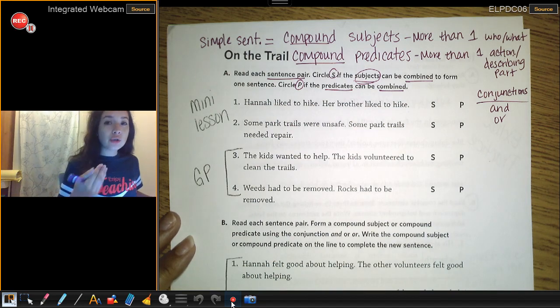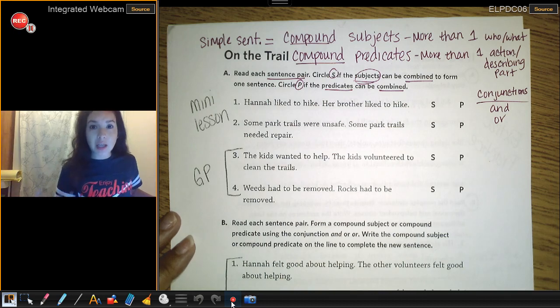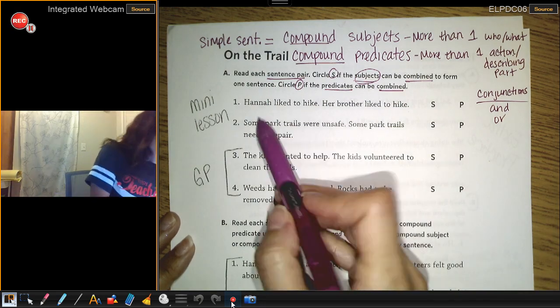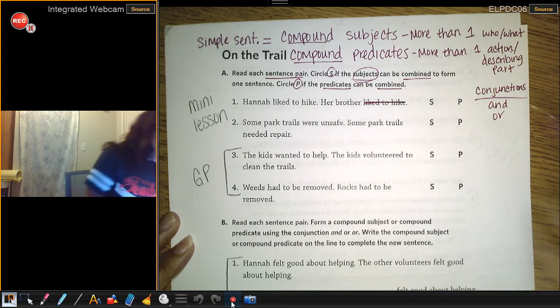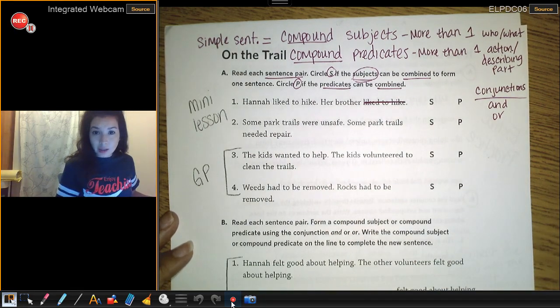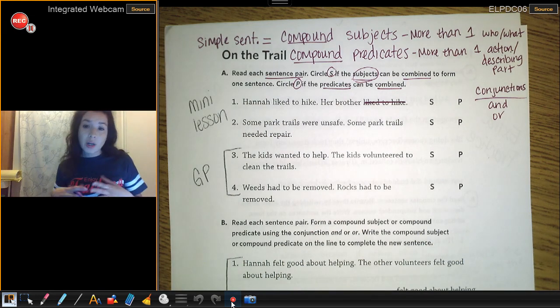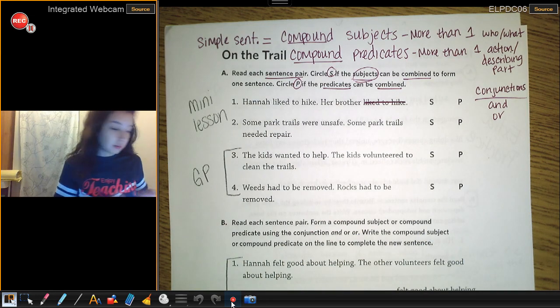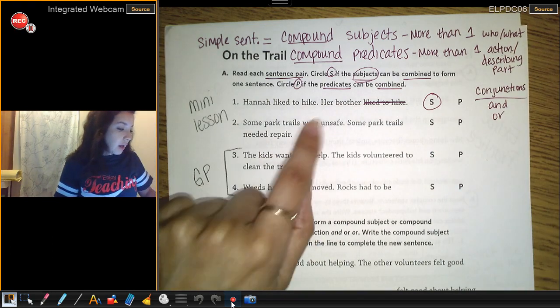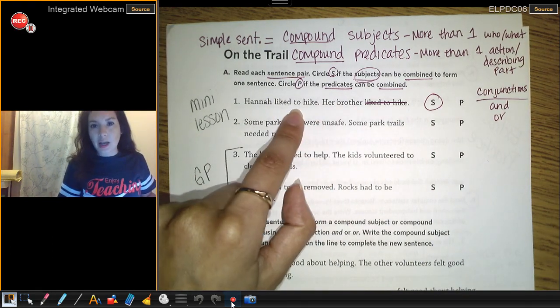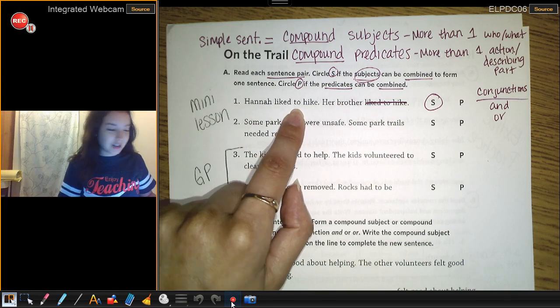We want to have new ideas for the reader so they can be interested, right? So we can remove like to hike, okay? And what parts can we combine? The subjects. So we could say Hannah and her brother like to hike. That would be our new sentence, okay?